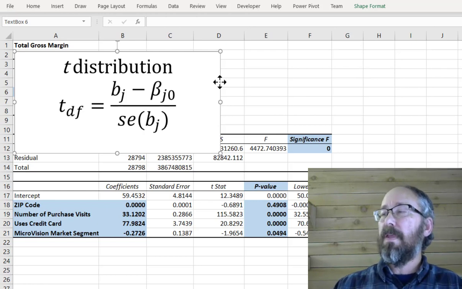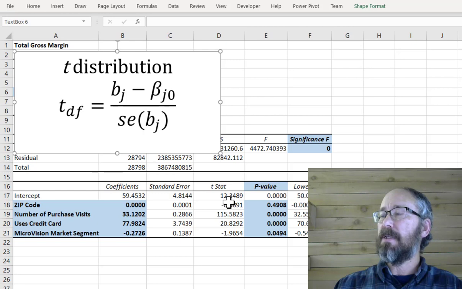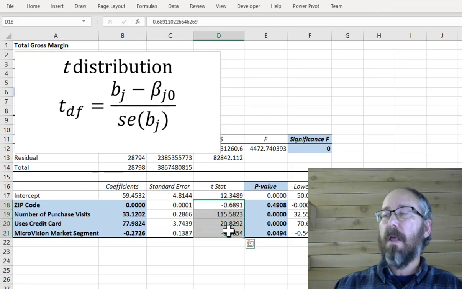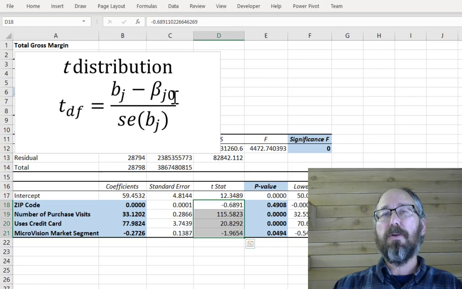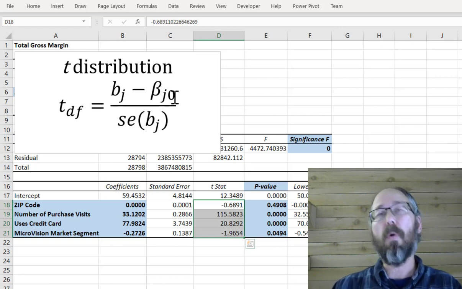Now, this formula is what calculates this t-stat right here. And what's important to recognize is this variable beta j0. So this is the hypothesized value. It equals 0, or it's less than some value or greater than some value.